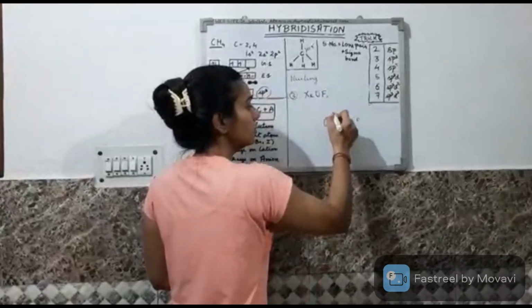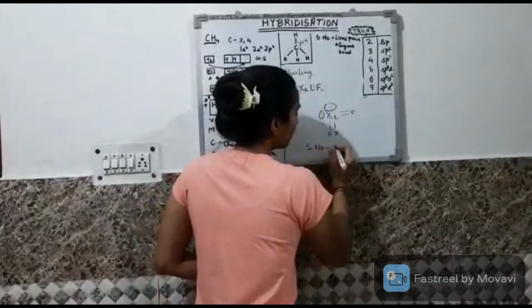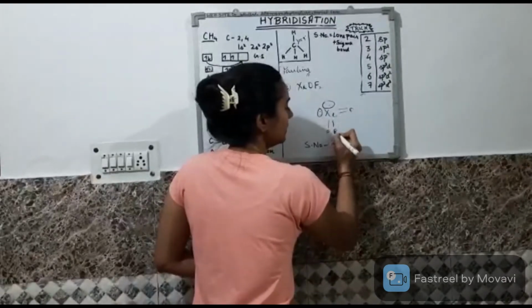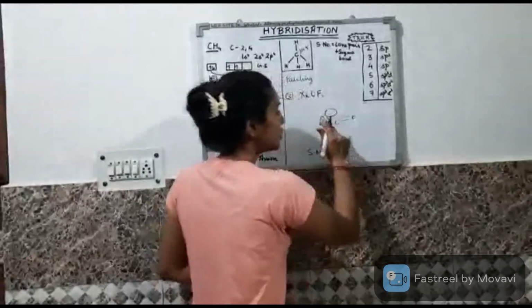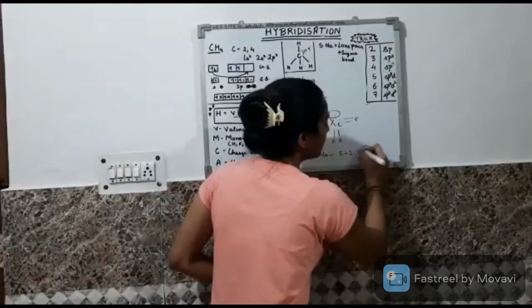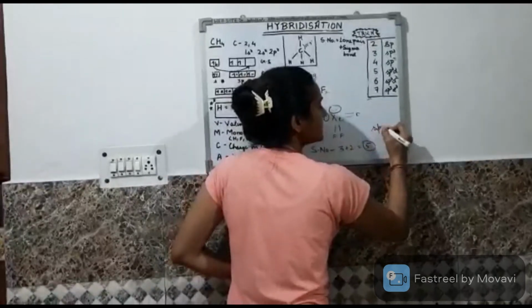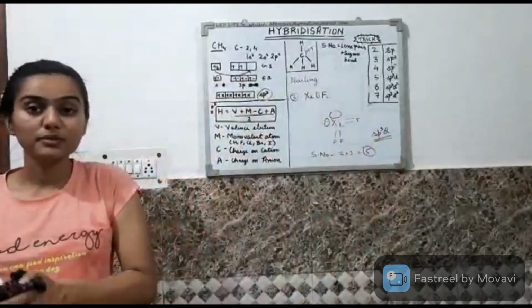Now only 2 lone pairs are left. What will be the steric number? 1, 2, 3. 3 sigma bonds plus 2 lone pairs, which will give 5. That means sp3d hybridization. I hope it was all clear.